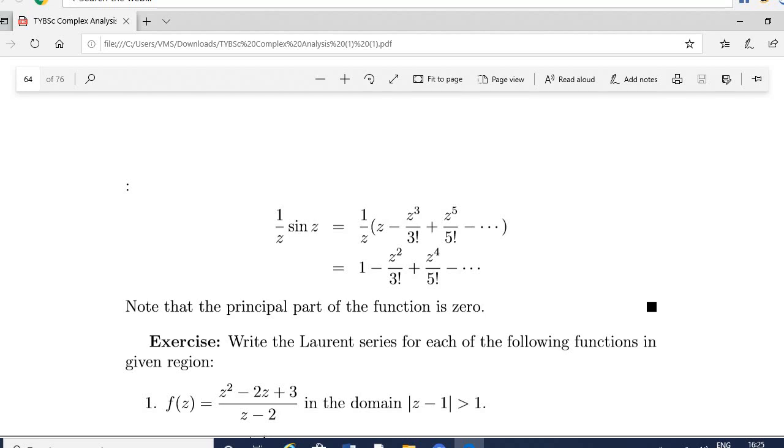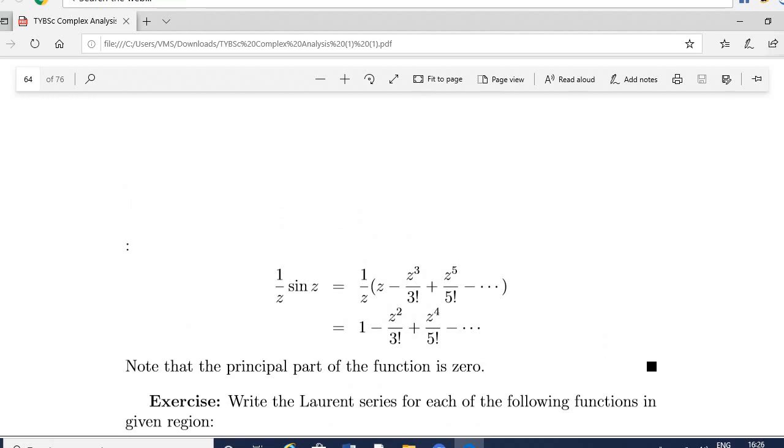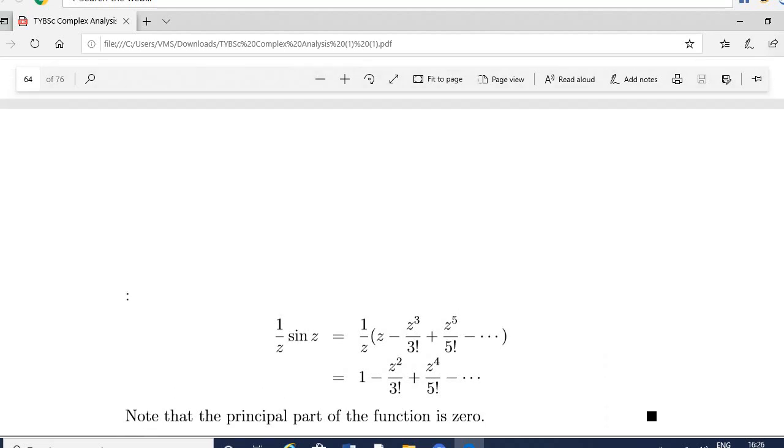You have expanded sine z, and 1 by z you are multiplying directly to this bracket. You get 1 minus z square by 3 factorial plus z raised to 4 by 5 factorial and so on. So observe in this example that there are no negative powers of z, though there is 1 over z in the function. The function is not analytic at 0, but still there is no negative power of z.